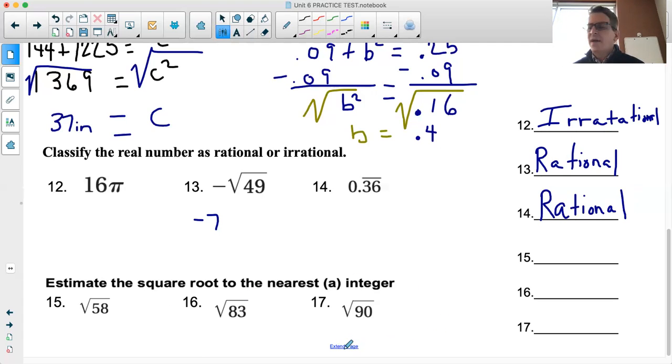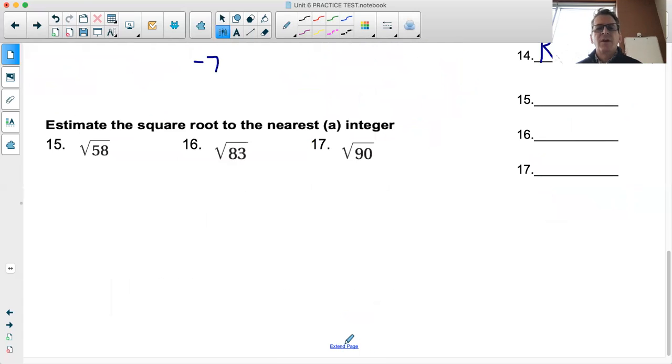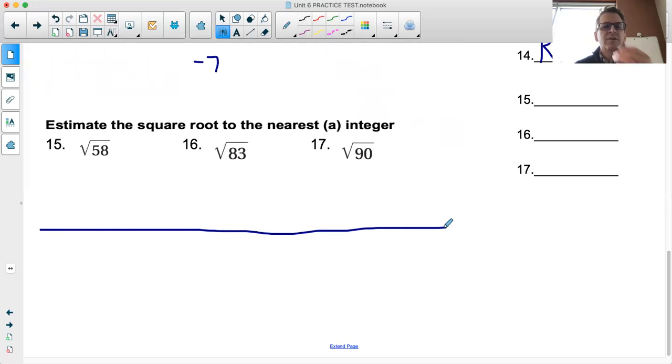Okay, moving down to the last section on page 2, numbers 15, 16, and 17, which are estimating the square root to the nearest integer. We had quite a few of these when we had this section, and we primarily used our number line with our perfect squares.